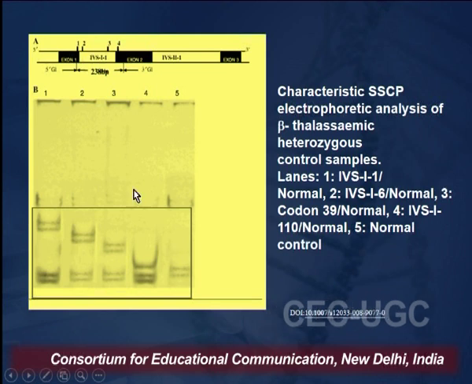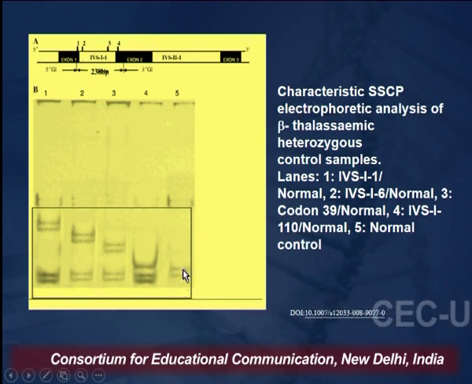Then it is run on the polyacrylamide gel or agarose gel electrophoresis, and it results in different bands. If you look at the lanes, this lower band is common, and the last lane, which is lane 5, is the control. Control means the normal individual, where there is no manifestation of the disease, a person who is not suffering from beta thalassemia.